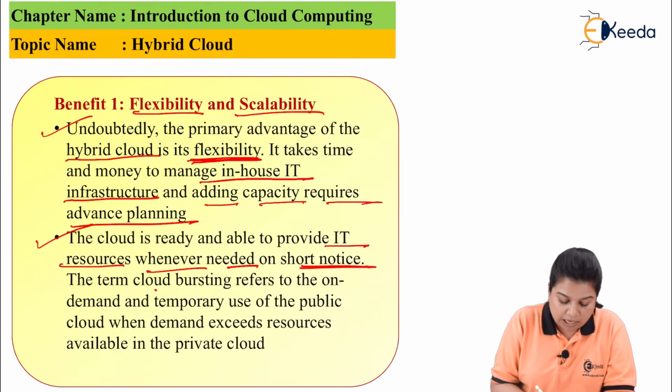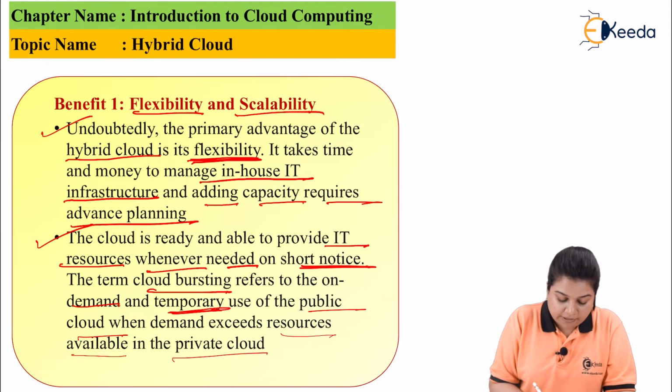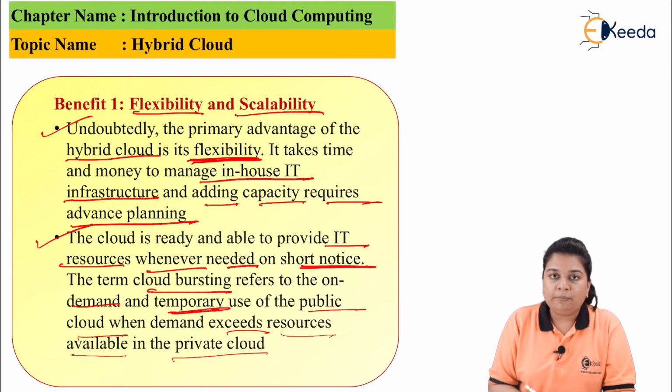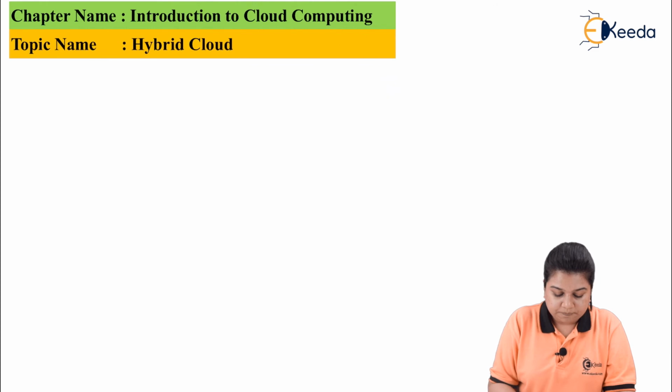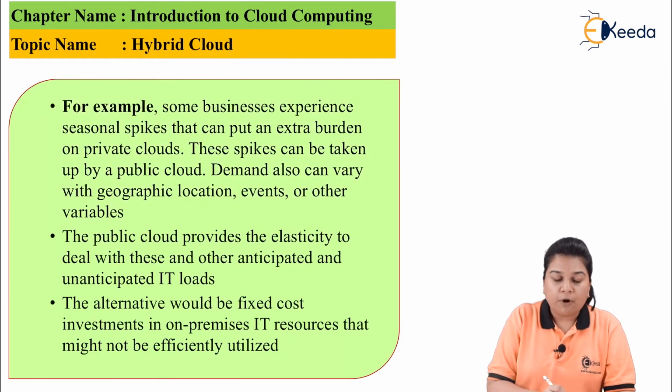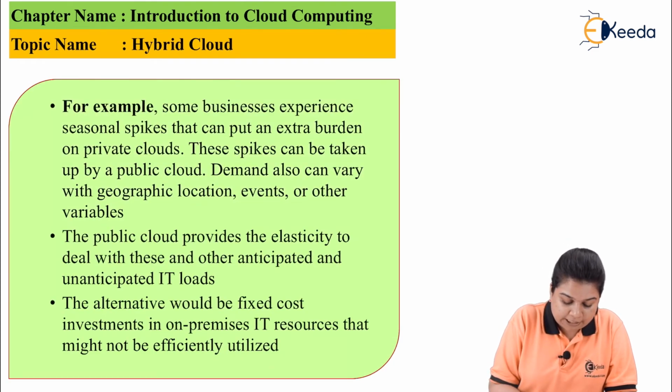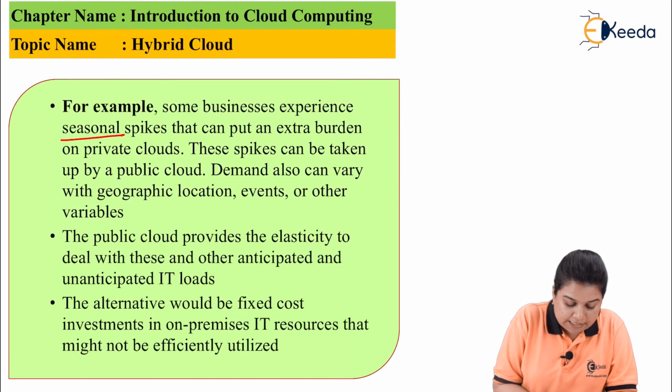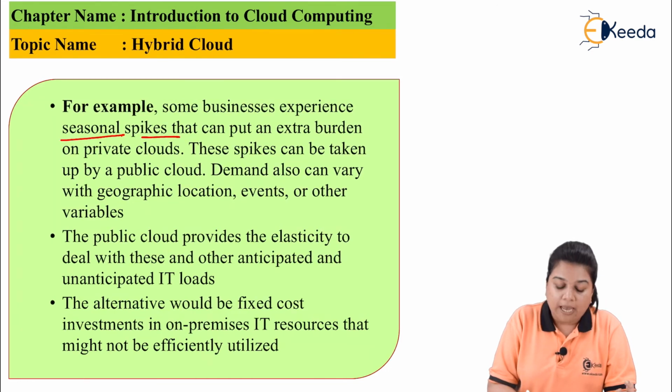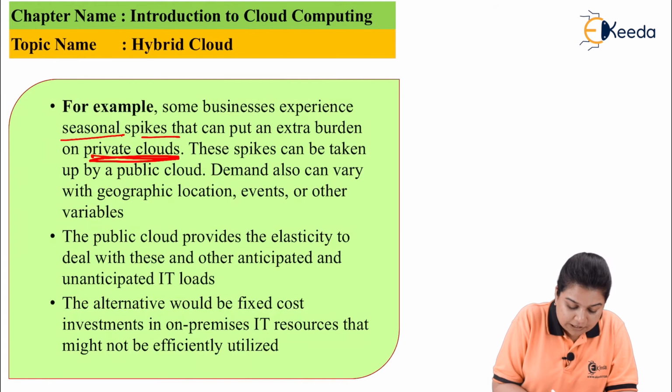The term cloud bursting refers to the on-demand and temporary use of the public cloud when demand exceeds resources available in the private cloud. For example, some businesses experience seasonal spikes that can put an extra burden on the private cloud.